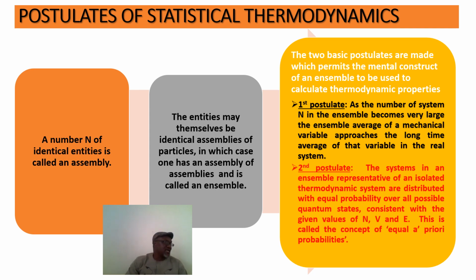So you can come into a class, and that class becomes a group, that is an assembly. Now, inside this class, if you have other groups of students, you can call them reading groups, then it means that we now have smaller groups in a larger group, and we call that larger group an ensemble, that is, an assembly of assemblies.